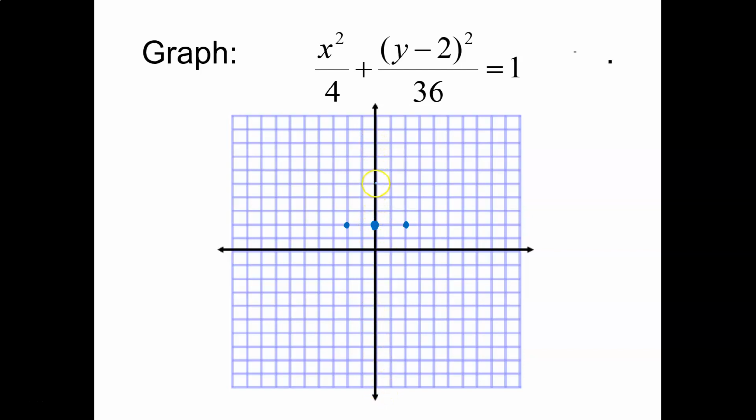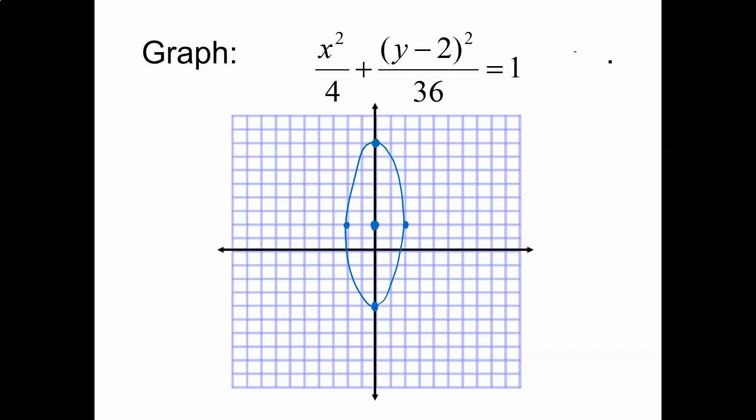So 1, 2, 3, 4, 5, 6. And 1, 2, 3, 4, 5, 6. And then you'll draw that ellipse. And yeah, mine's not great either.